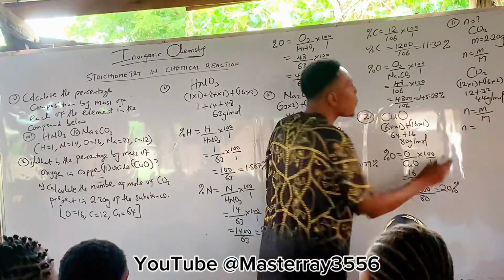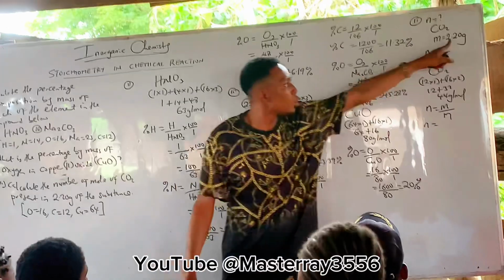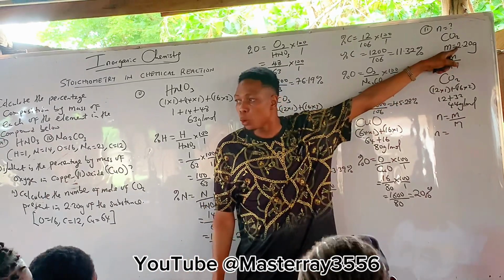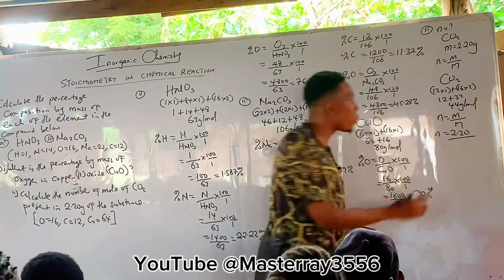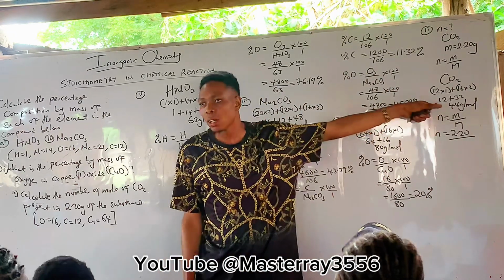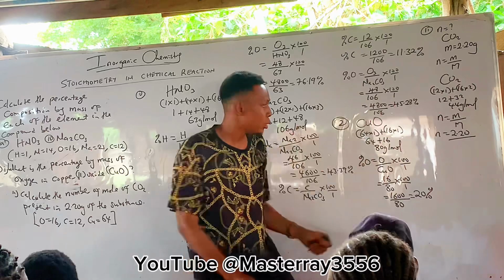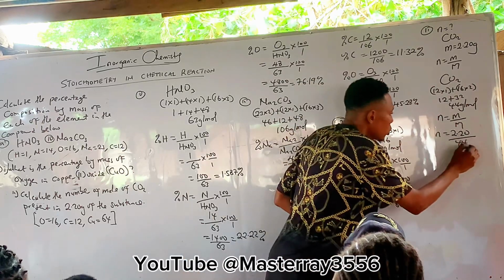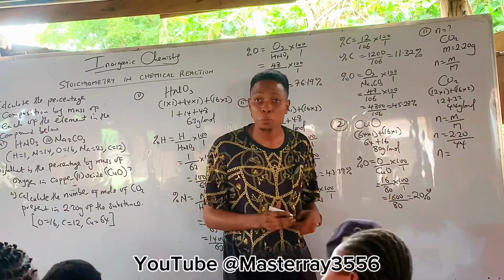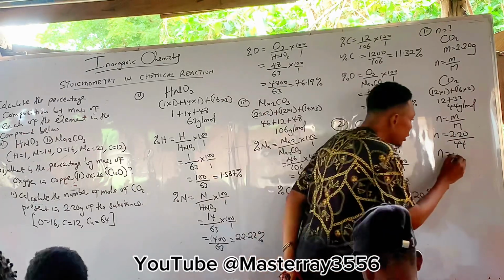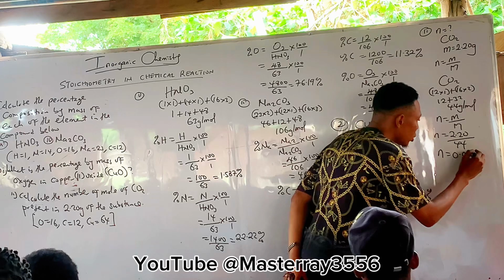What was our mass in the question? 2.20. That's 2.20 divided by the molar mass, which is 44. So our n is 2.20 divided by 44, 0.05 moles.